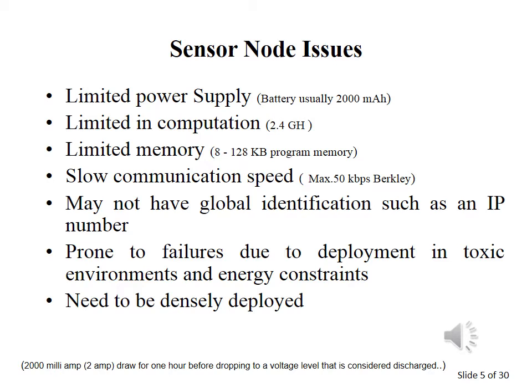Similarly, these sensor nodes may have calibration issues, localization issues, data communication and accumulation issues, and data broadcasting issues. So all these problems may occur in the wireless sensor network environment.